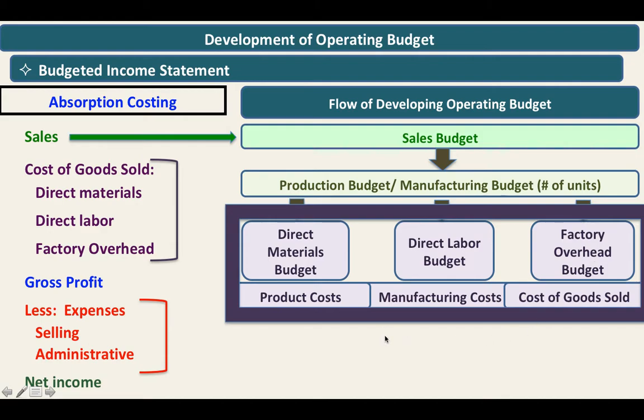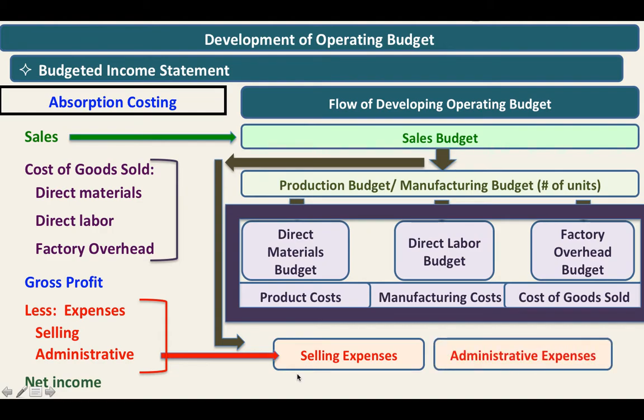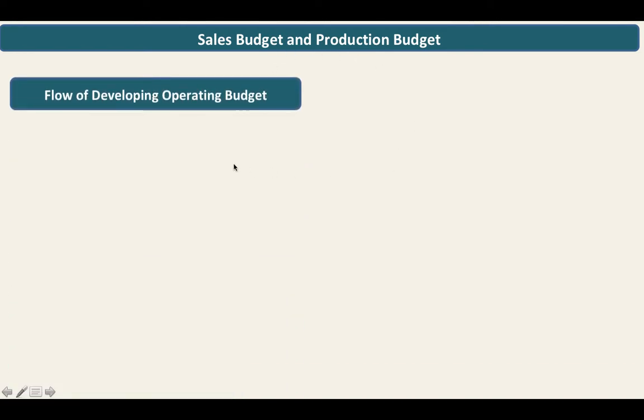And similarly, we are going to base our expense budget on the sales budget. That will be the primary consideration in developing our selling expenses and administrative expenses budgets. Okay, class, let us now discuss the development of the sales budget and production budget.